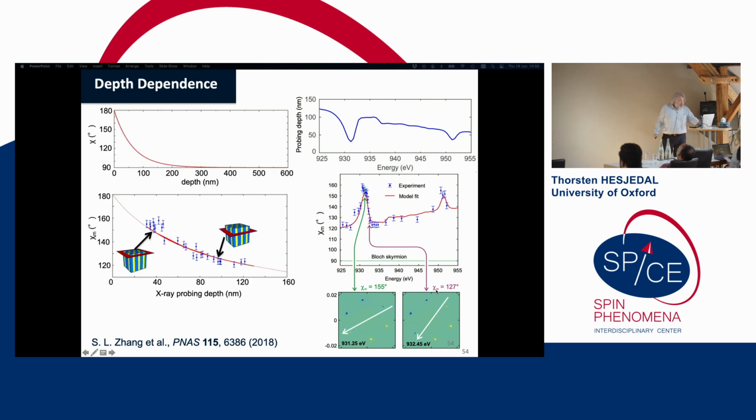If you do a fit, the only thing we require is that in the bulk it's 90 degrees, a Bloch-type skyrmion. I think that's established. The free parameter is the helicity angle on the surface, and that indeed is 180 degrees. So these Bloch-type systems have Néel-type skyrmions at the surface, which is important if you think about devices, right? Because this is probably not what you want. Or, on the other hand, it's another parameter you could tune.